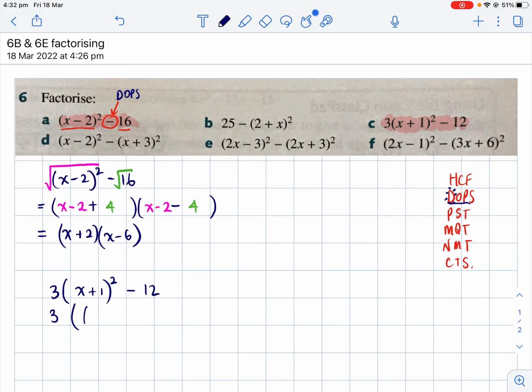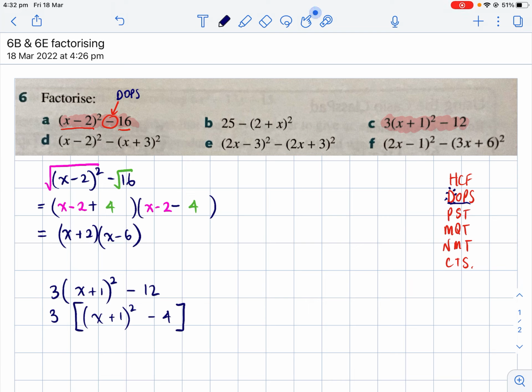So the first thing I'm going to do is take out that highest common factor, which leaves me with that. Notice how I've got two sets of brackets. It can be a little bit confusing. Sometimes, just to help me visualise, I like to use a square bracket to show what's going on. So it's 3 times by everything in the square bracket.